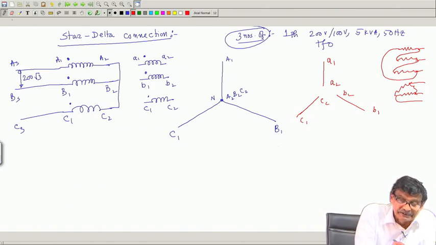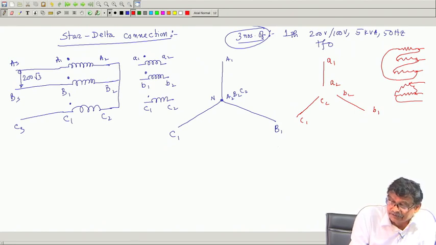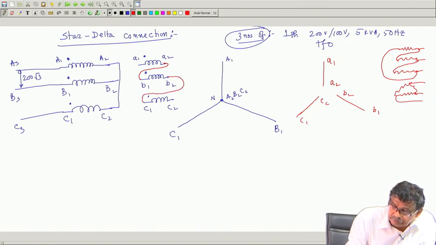Now, here you see that suppose I connect without much discussion, suppose somebody knows this and he connects it like this. He joins these 2 points, he joins these 2 points, and he is planning to join these 2 points.